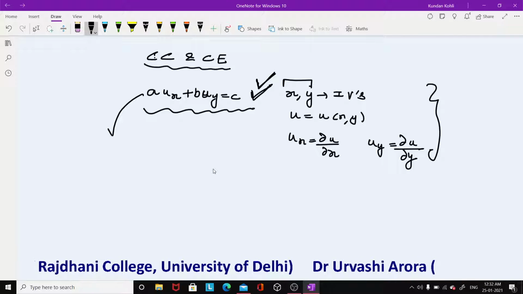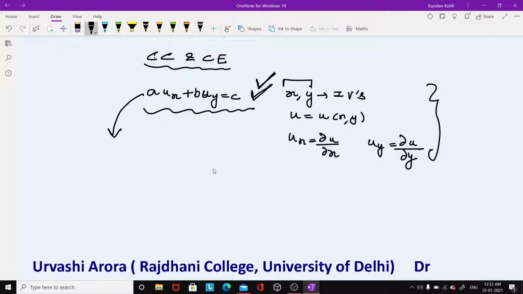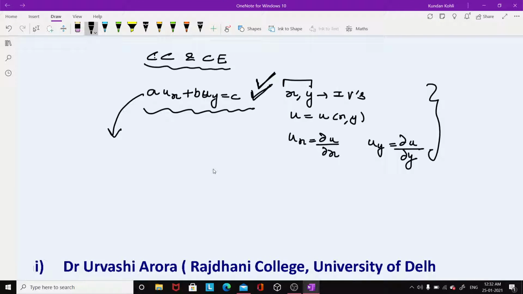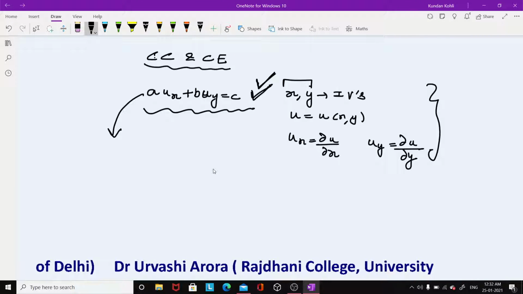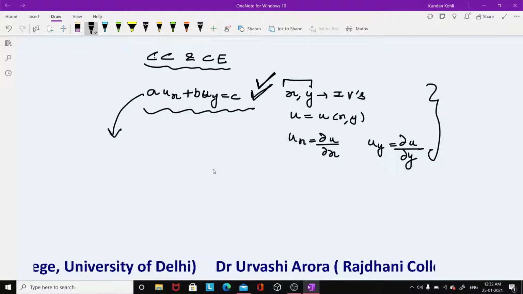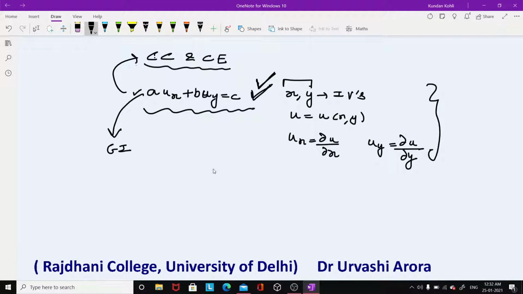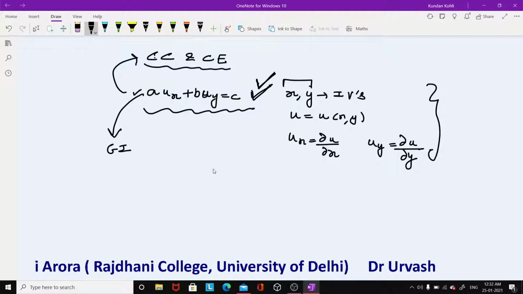Now, in my earlier videos, I have already discussed the geometrical interpretation of this first order quasi-linear partial differential equation. Let me just recall it so that I can connect the geometrical interpretation of this equation to the concept of characteristic curves and characteristic equations.